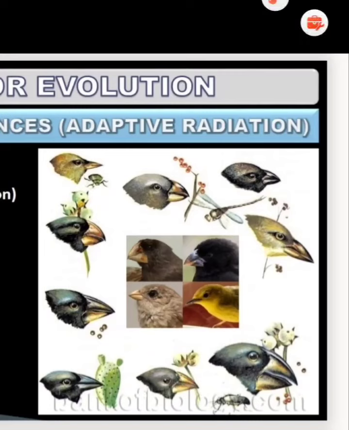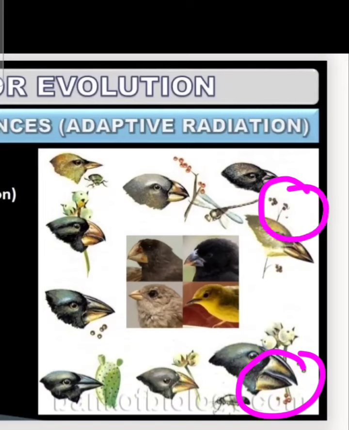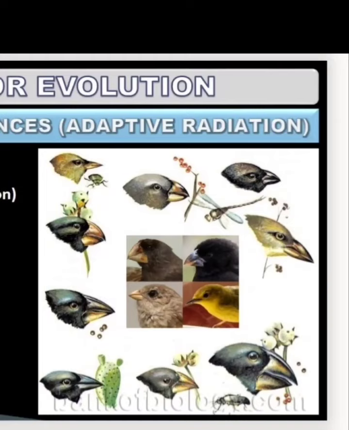If they have to eat very tough shells, they need a different type of beak. If they depend on seeds, or have to cut and eat, the beaks will be different. Different geographical areas provide different food, and based on the food provided there, the beaks have adapted, so there is a difference in the shape of the beaks.